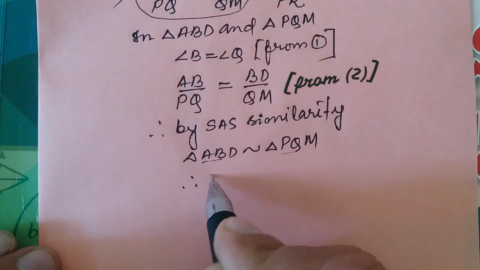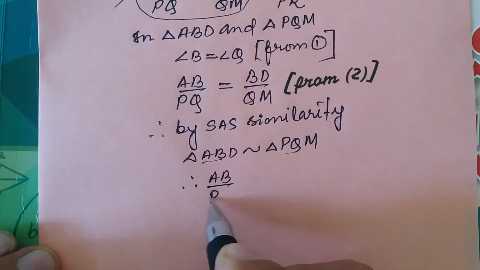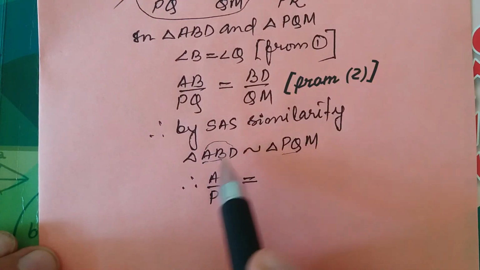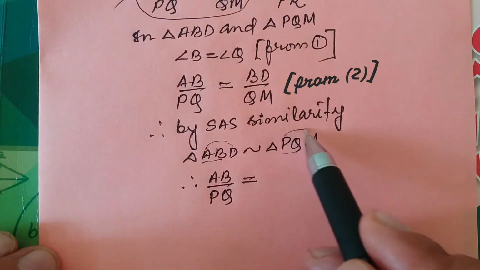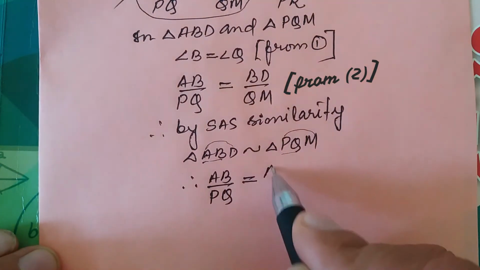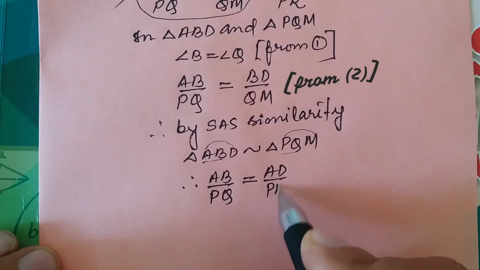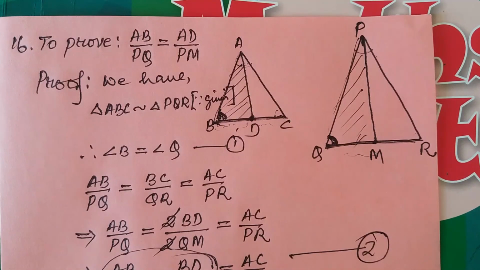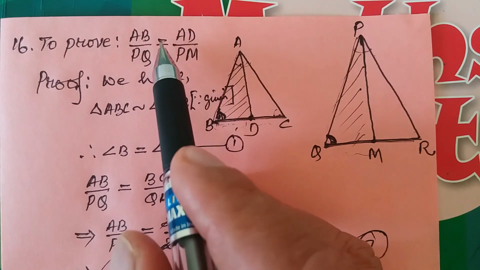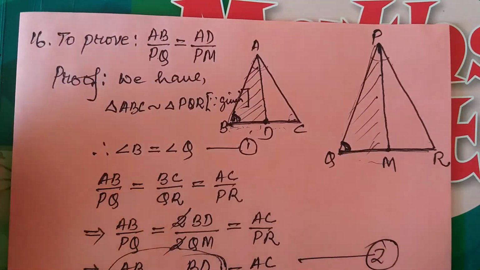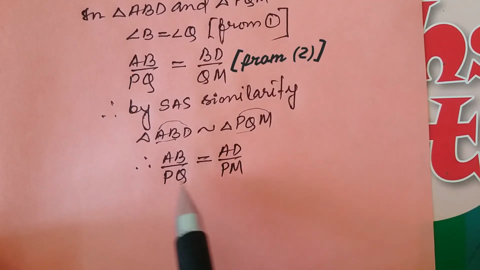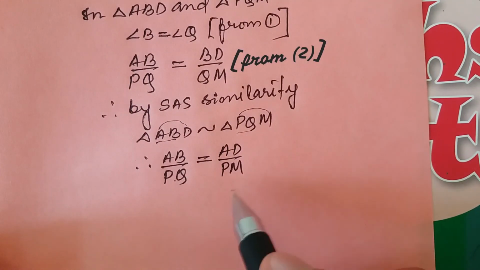So therefore AB by PQ is equal to the corresponding side of AD, which is PM, AD by PM. This is what we are asked to prove in this question. AB by PQ is equal to AD by PM, and that is what we got here exactly. Hence proved.